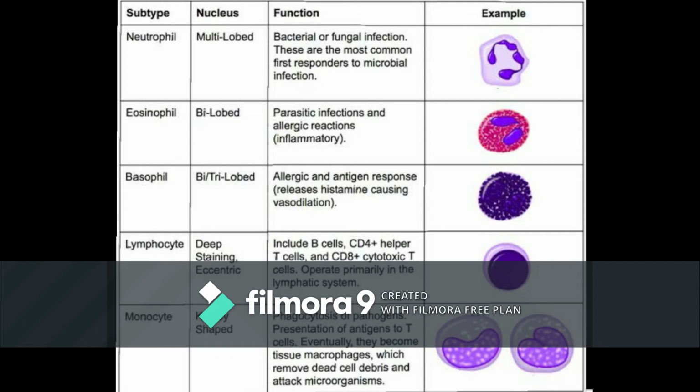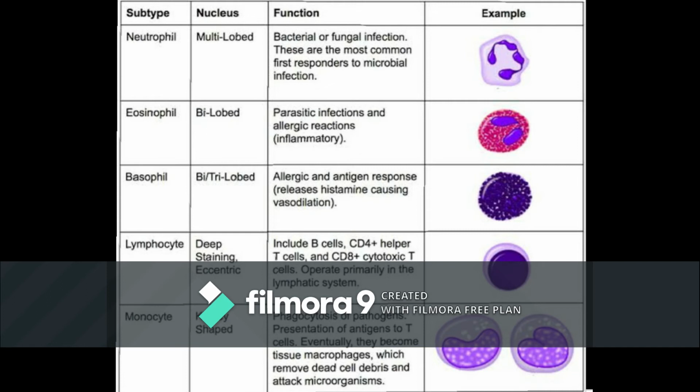Basophils, 0.1%. They play a role in allergic and inflammatory reactions. They contain heparin, which inhibits blood clotting. Lymphocytes, 20 to 30%. These are the smallest leukocytes. They are more common in lymphatic tissues, namely the lymph nodes, spleen, tonsils, and thymus.